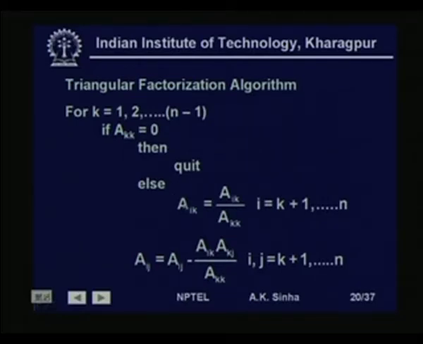Otherwise you find a_ik = a_ik / a_kk, for i = k plus 1 to n, that is the factored element. Then similarly, we can find a_ij = a_ij minus a_ik into a_kj / a_kk, where i and j are from k plus 1 to n.